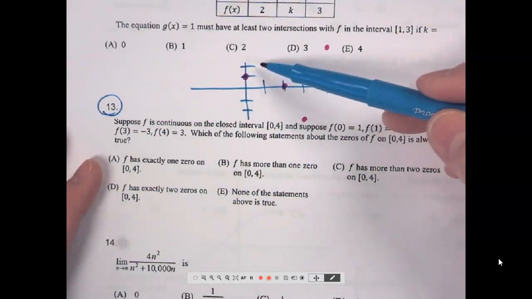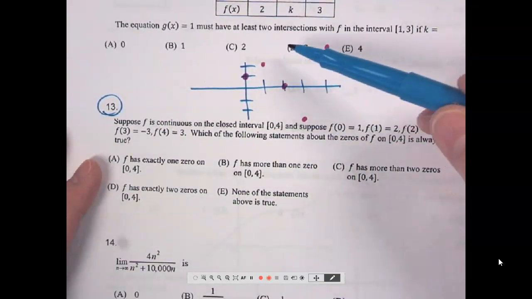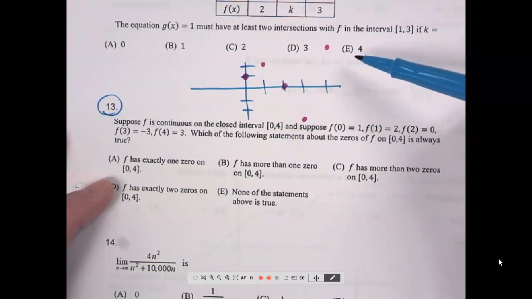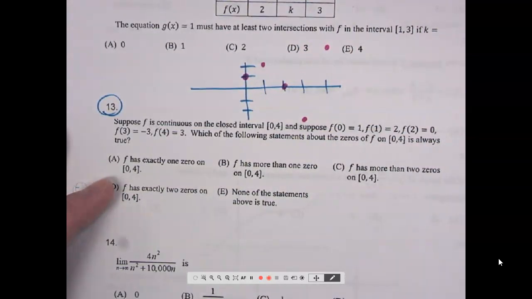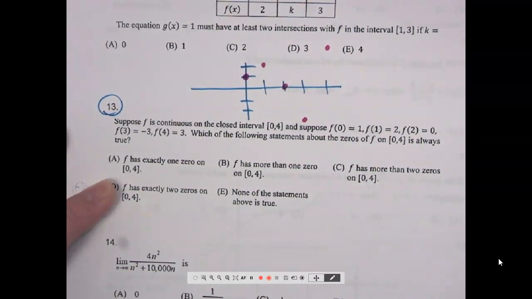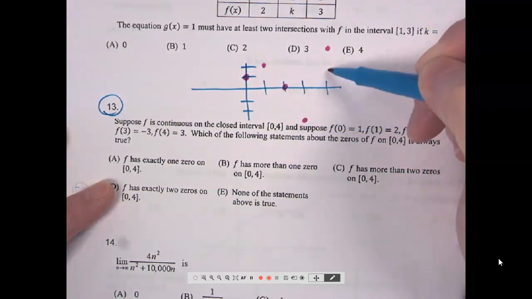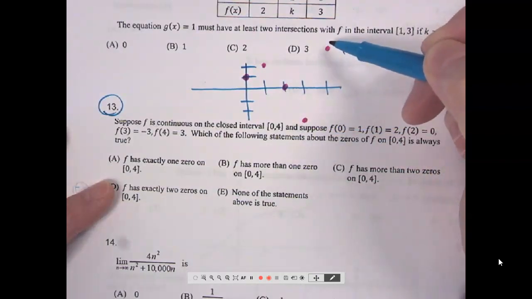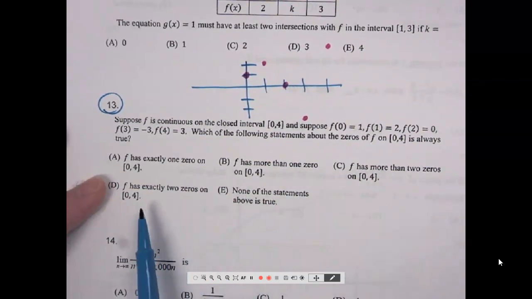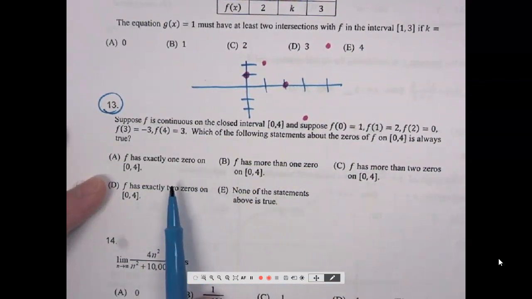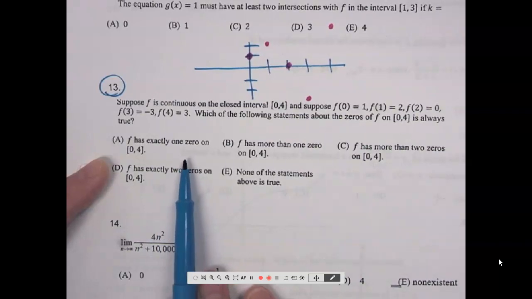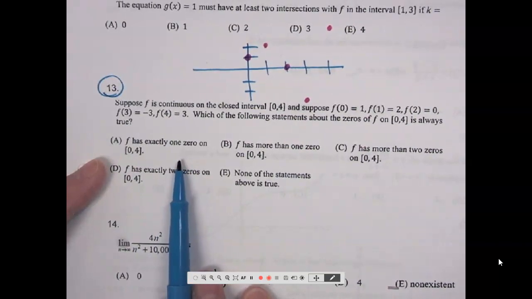Okay, so if this is a continuous function and those are some ordered pairs, how many times do I have to cross the x-axis? Twice, because I'd have to continue through here and then back up to there. Now, could there be more? Possibly. But I know that there are, let's see what my options were, has exactly 1 0. That can't be true.